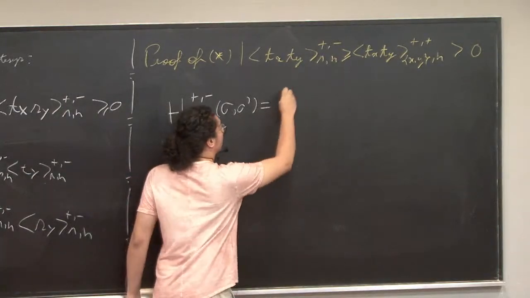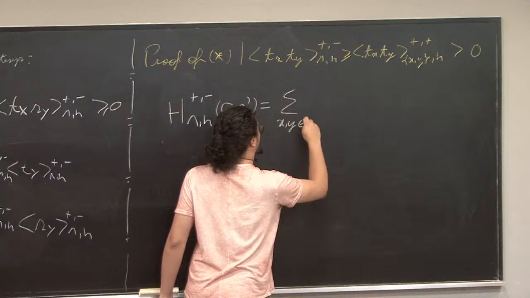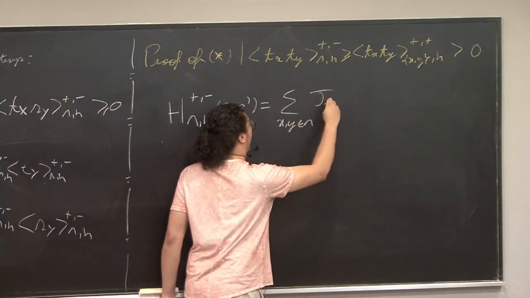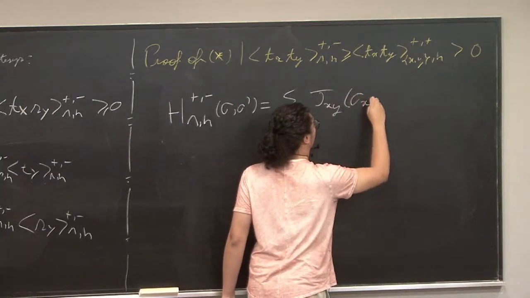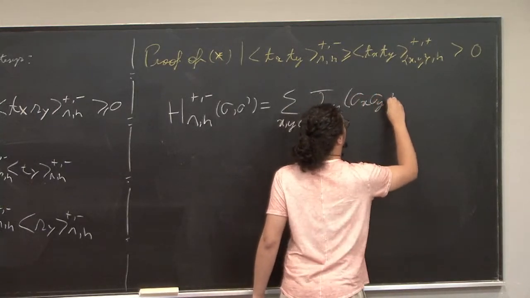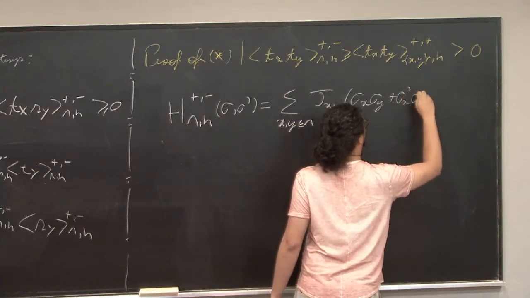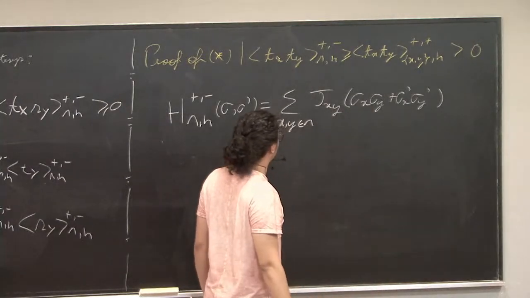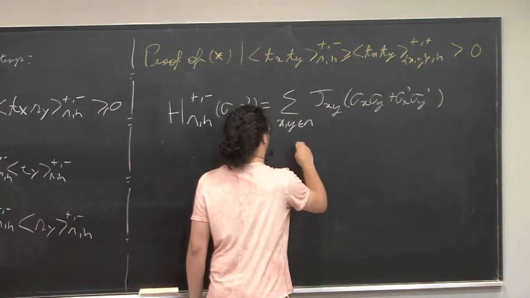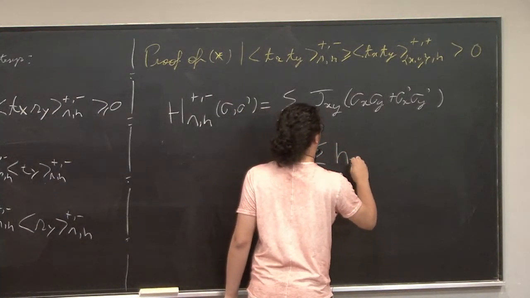This is summing over x and y in lambda J x y, and here we have two terms, right? So sigma x, sigma y, but we also have sigma prime x and sigma prime y, and you have the external field, so h x.